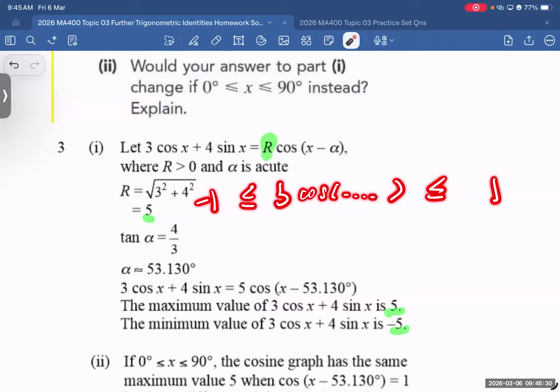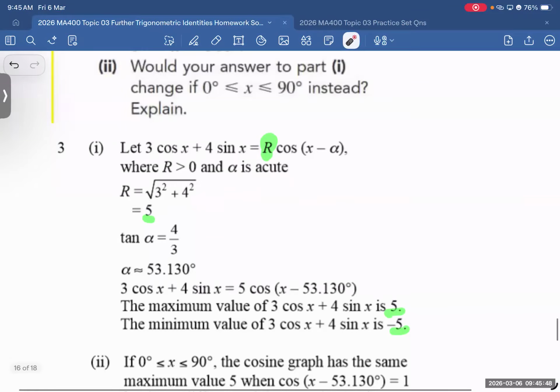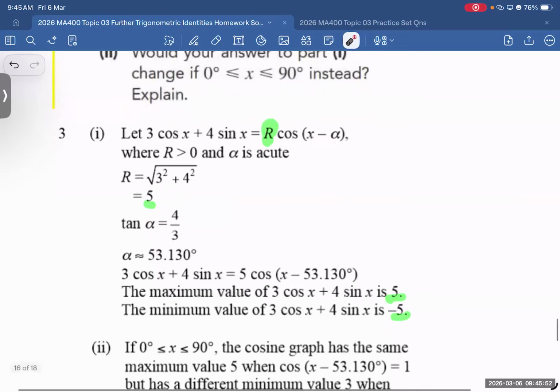If you multiply by 5, then it should be between 5 and -5. You solved it? No, don't solve it. That's too much work. You must do the lazy way. This kind of question is very recognizable. You will do it a lot of times until you get comfortable.